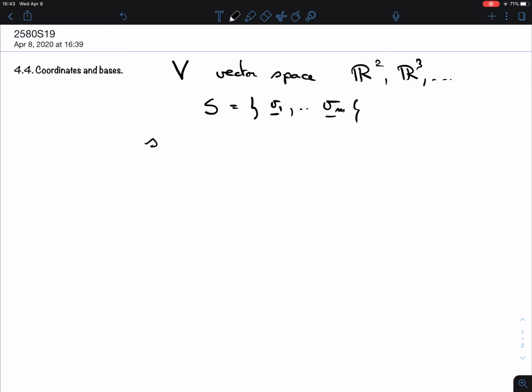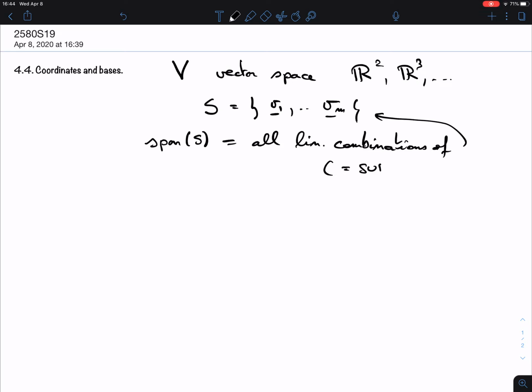The first thing was the span of S. And remember, that was all linear combinations of these M vectors that you have. And we know that this is a subspace. Okay, that was one thing.